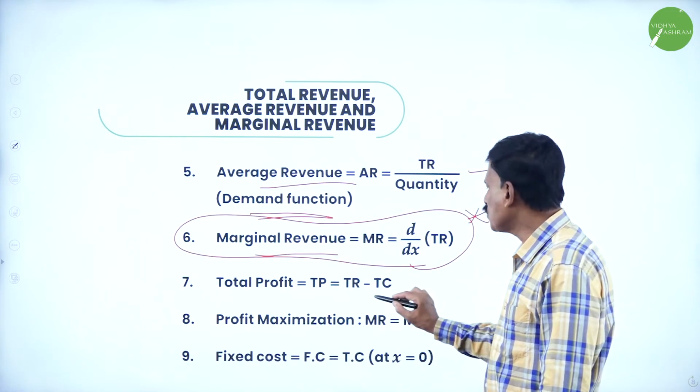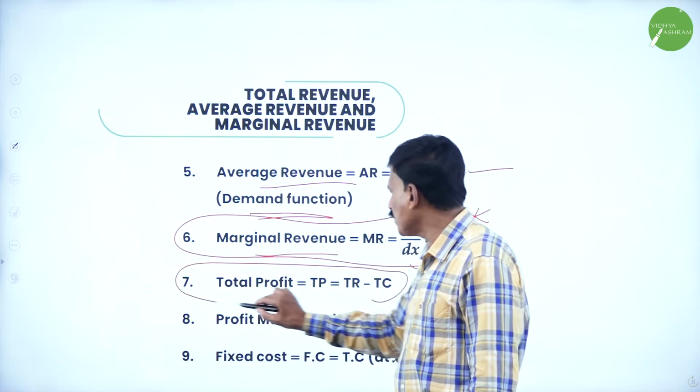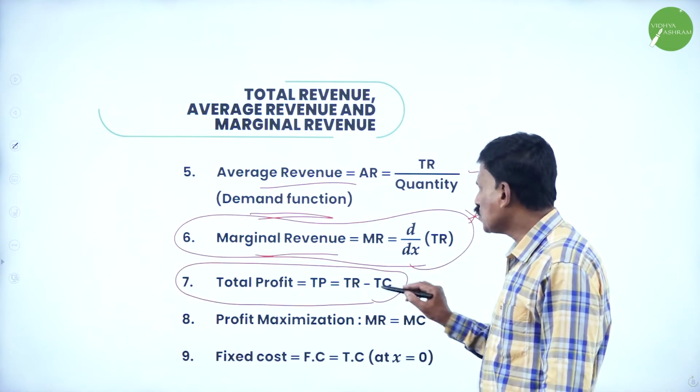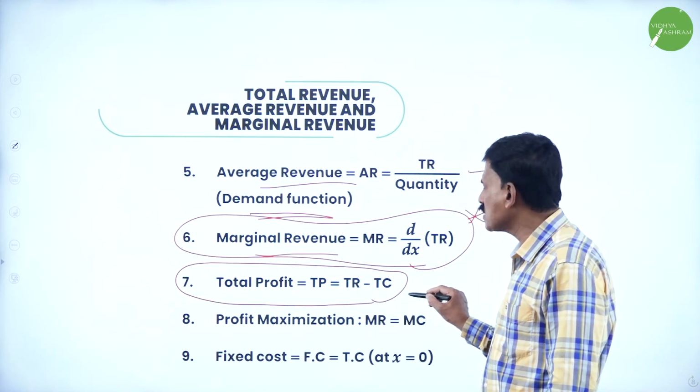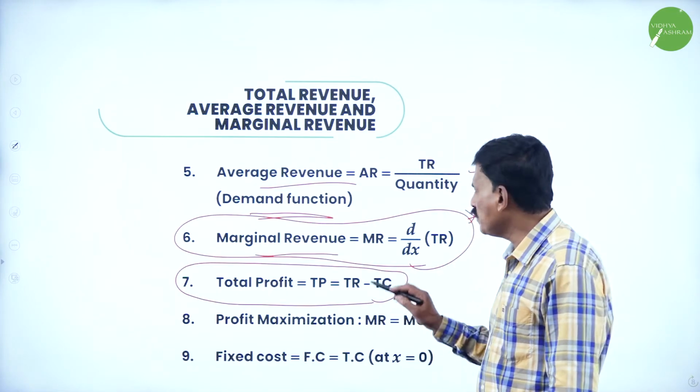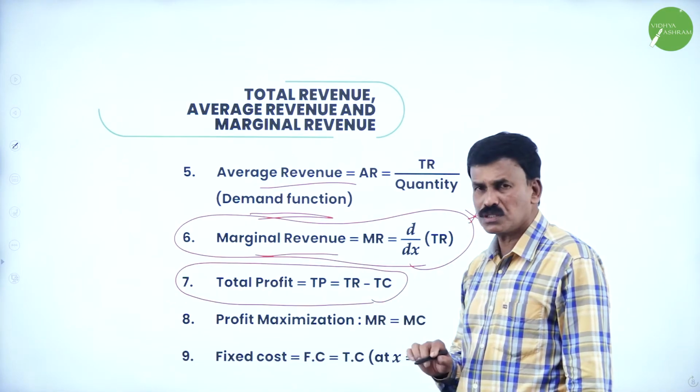And total profit is nothing but the difference between TR and TC. The difference between total revenue and total cost will give the total profit.